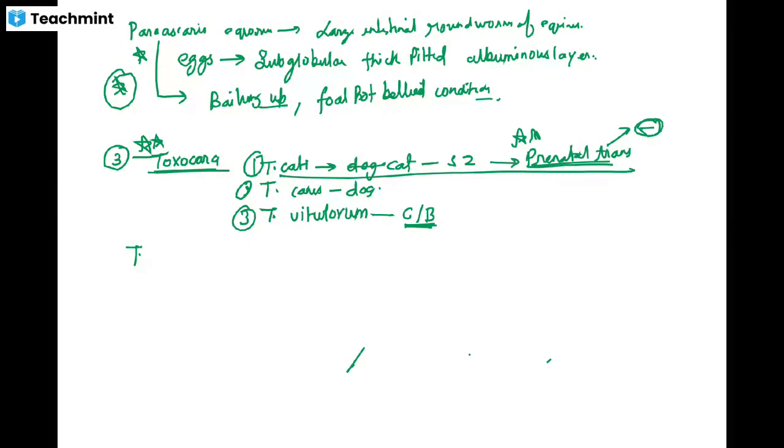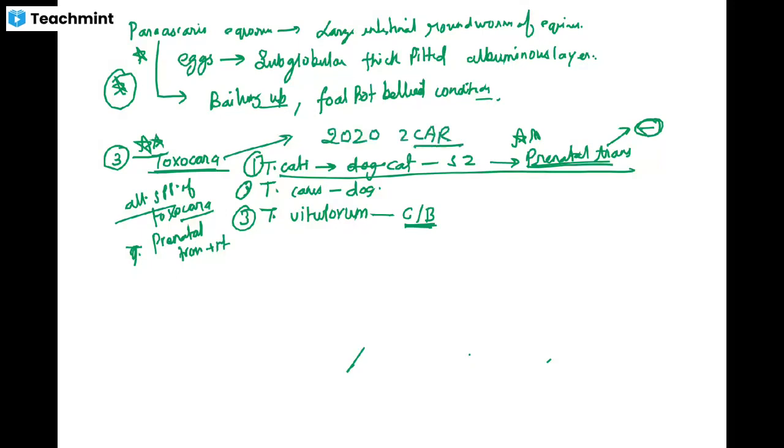In all species of Toxocara, prenatal transmission is present. I think this question was asked in 2020 ICR. Generally in all species of Toxocara, prenatal transmission is present, but in case of Toxocara cati, prenatal transmission is absent.